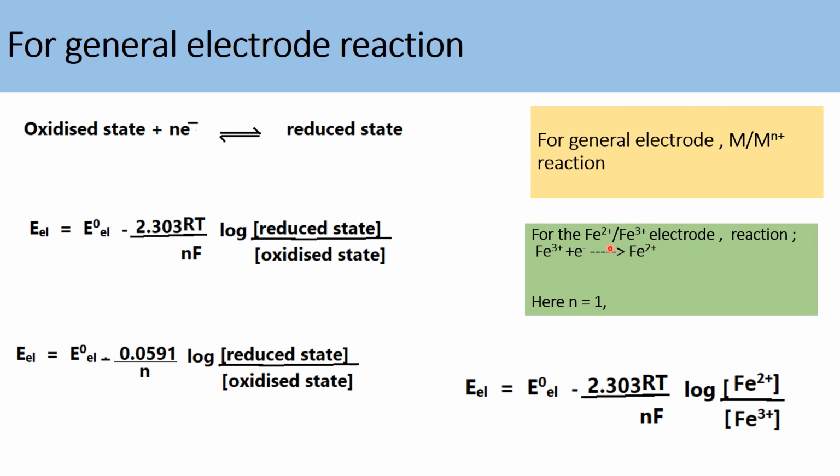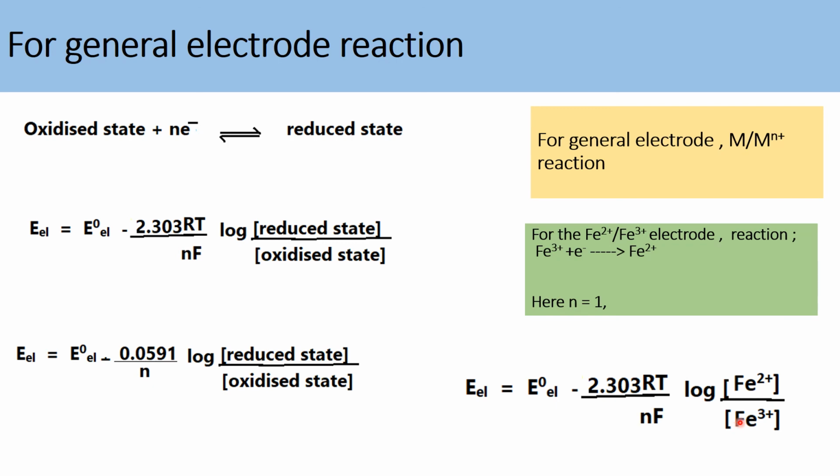Here n is equal to 1, the number of electrons involved in the balanced equation. So the Nernst equation becomes: electrode potential for the ferrous system is equal to standard electrode potential for the ferrous system minus 2.303 RT by nF log reduced state, that is the molar concentration of ferrous iron, divided by the molar concentration of oxidized state, that is ferric.